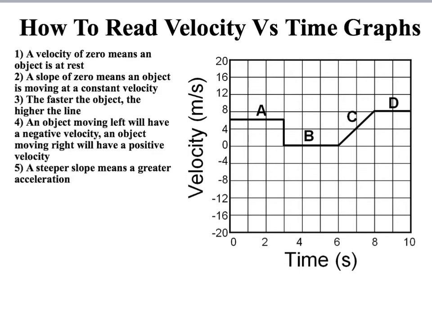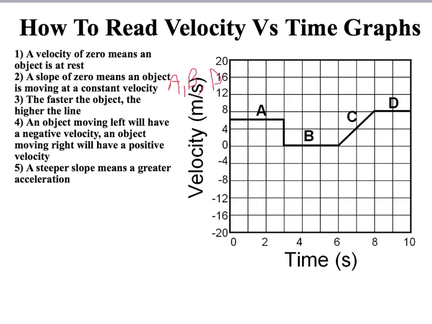During A, we see that the movement is a flat line and it stays at about 6. Which of our rules can we apply there? Well, this says that a slope of 0 means an object is moving at constant velocity. Well, that's happening at A, and that's happening at B, and that's happening at D.